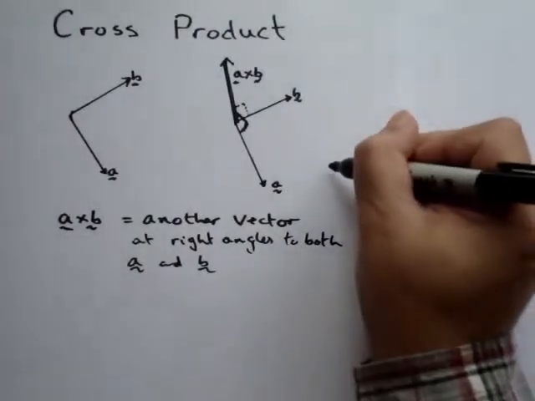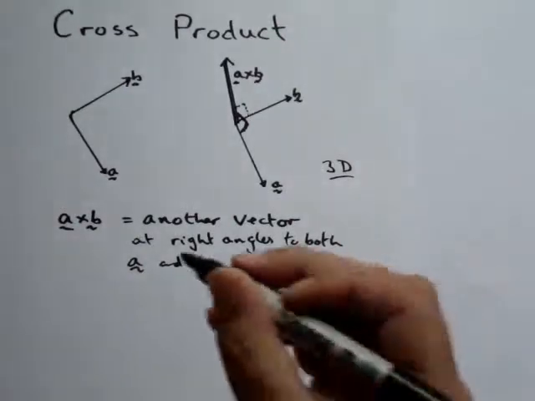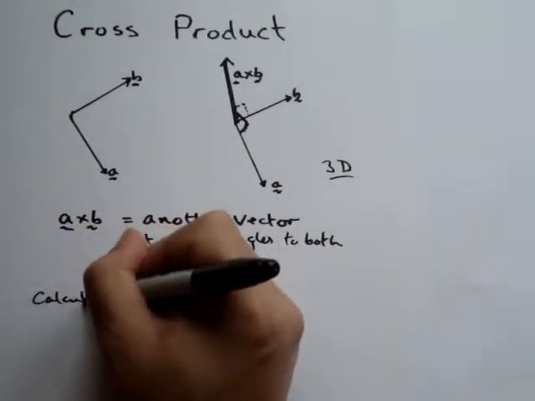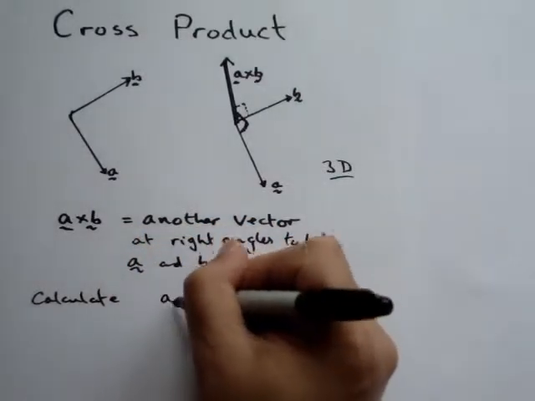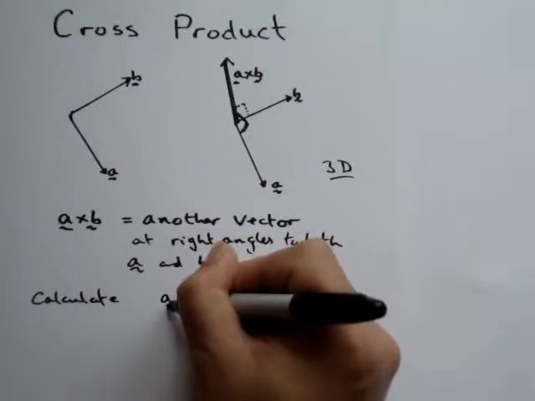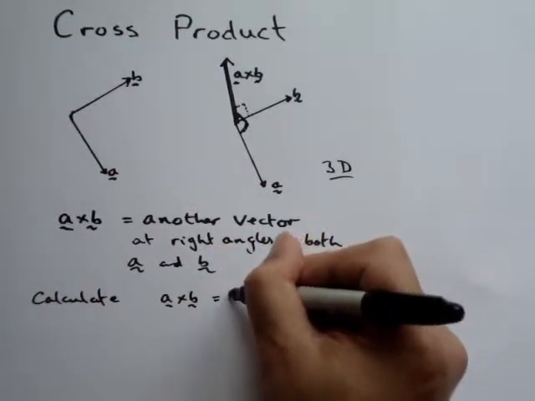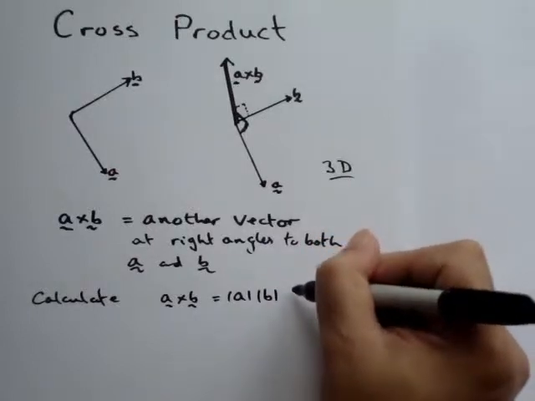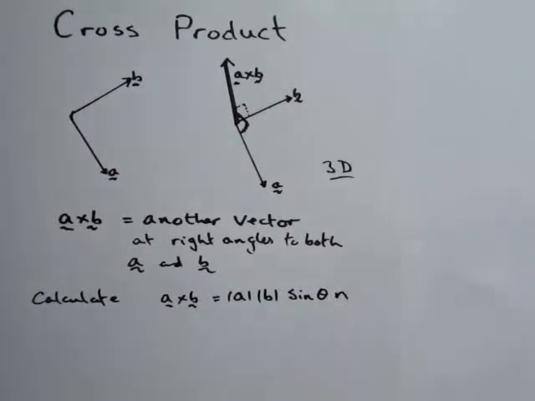So this is in 3D, in 3 dimensions, and we can calculate this vector A multiplied by B, and this equals the magnitude of A multiplied by the magnitude of B sine theta n.